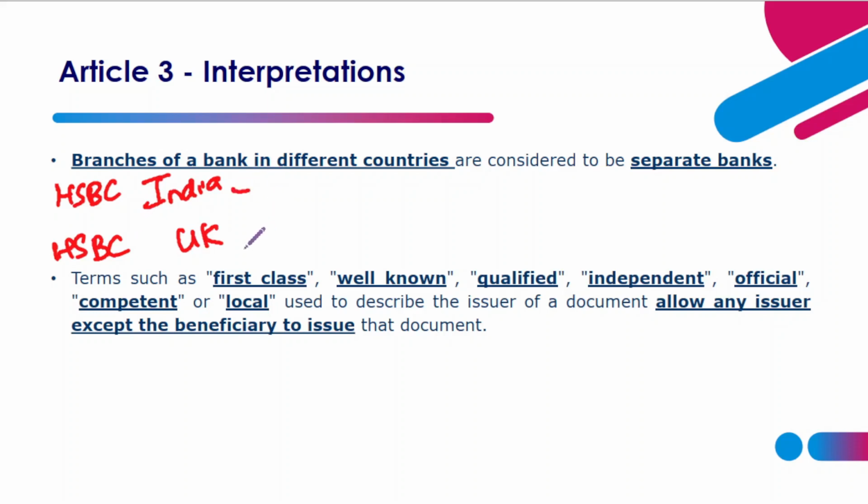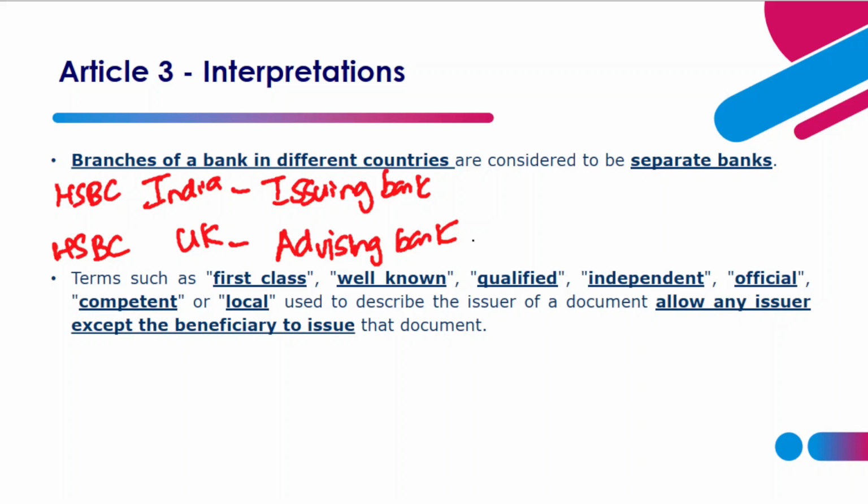So for the purpose of UCP 600, keep in mind these are considered to be separate banks. So HSBC India can be an issuing bank or play the issuing bank's role in UCP 600, while HSBC UK can play the role of an advising bank, or even switch the two roles, but they are treated as separate banks for the purpose of UCP 600.